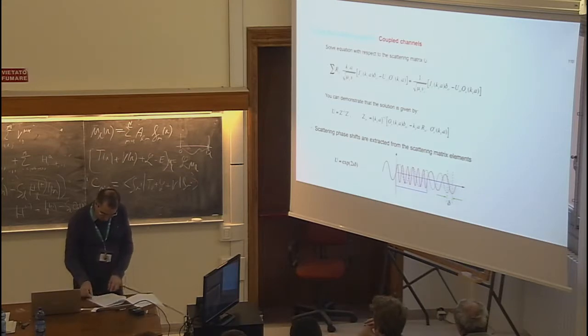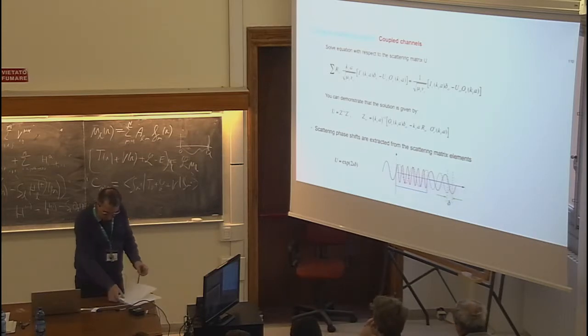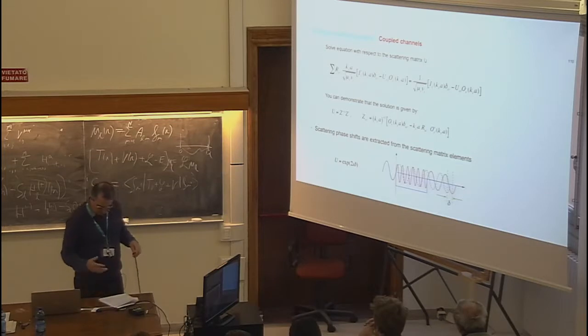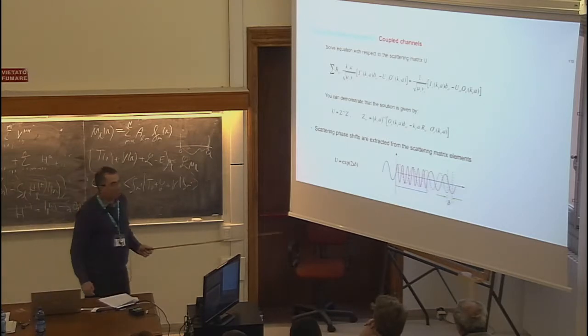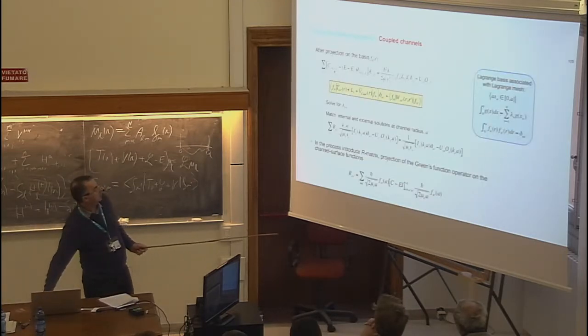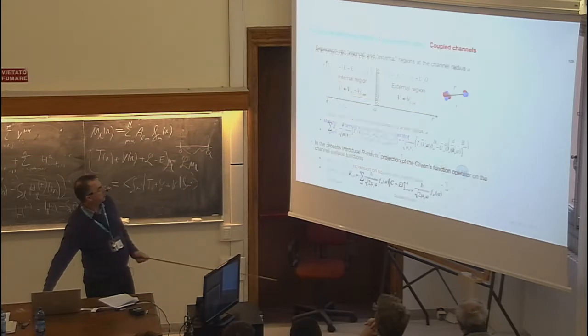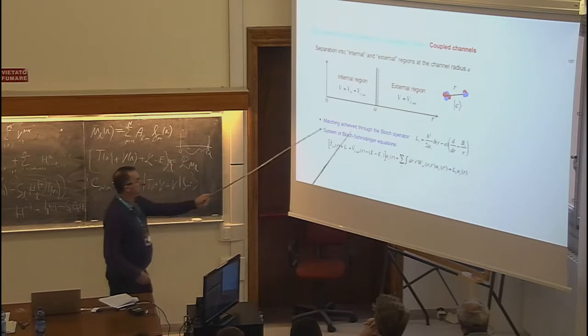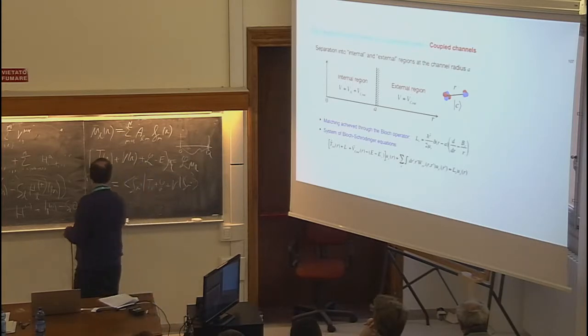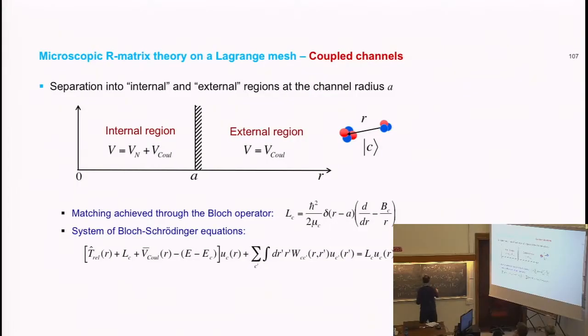So maybe I just want to say that when we do this, you don't need that many mesh points to solve this. In the Gamow shell model with continuum, when we solve these equations, we would typically use a, something like 15 Fermi.